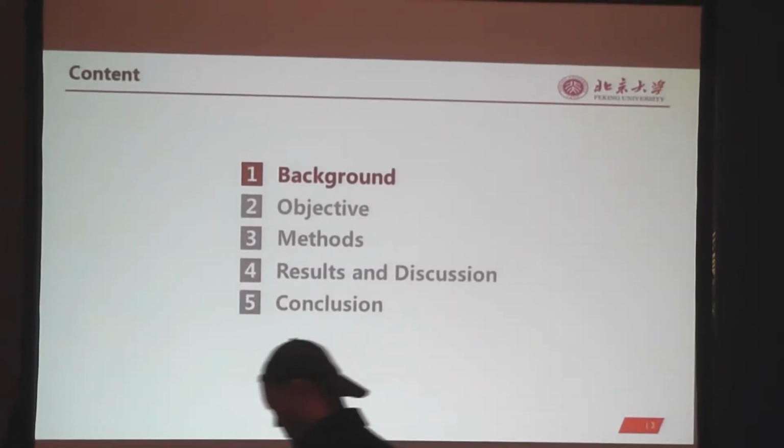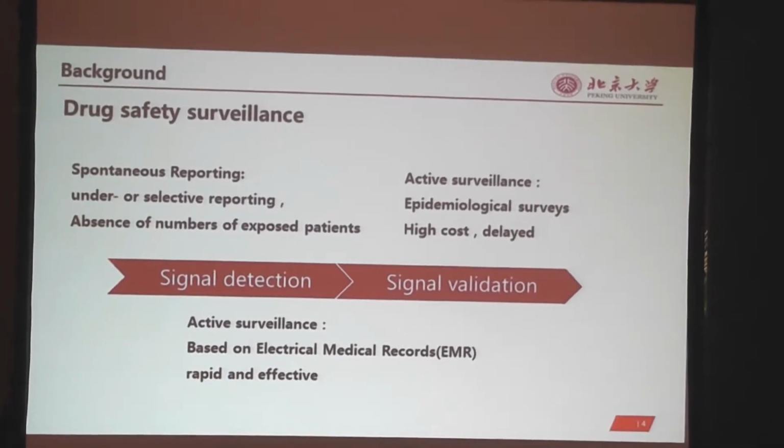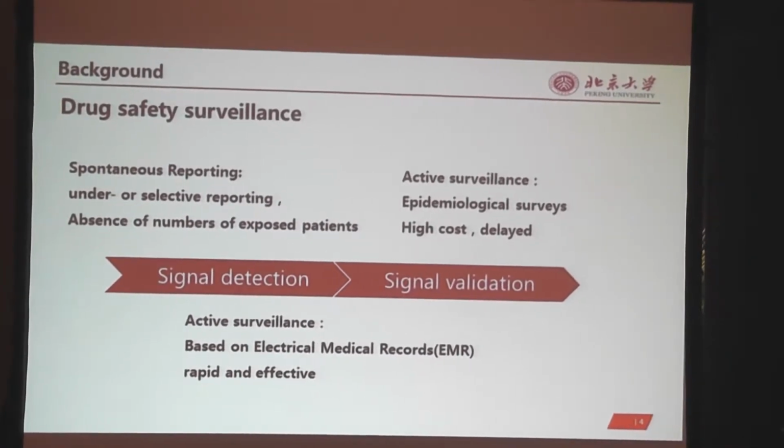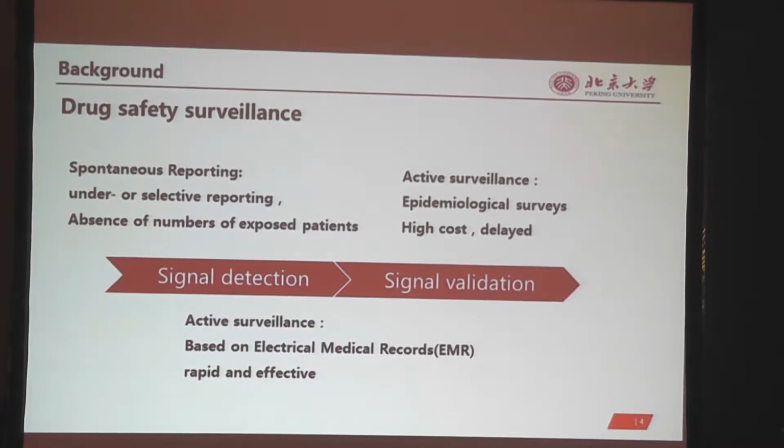Here's the outline of my talk today. First, I would like to go through some background with you. Since the early 1970s, spontaneous reporting has been the cornerstone of signal detection in drug safety surveillance.